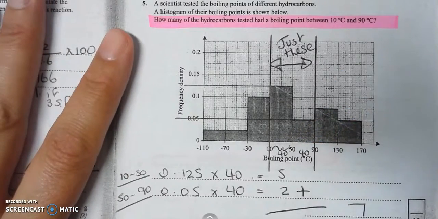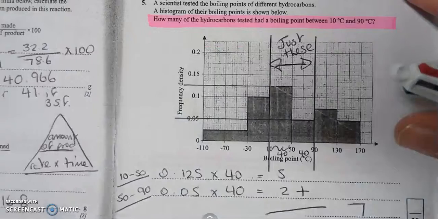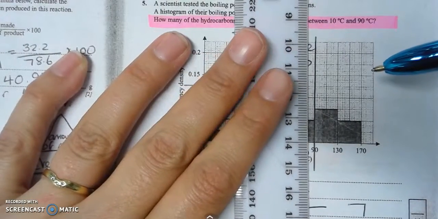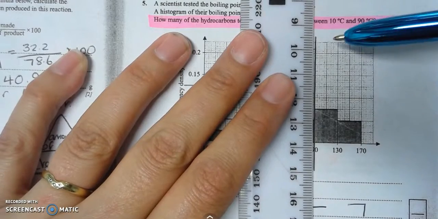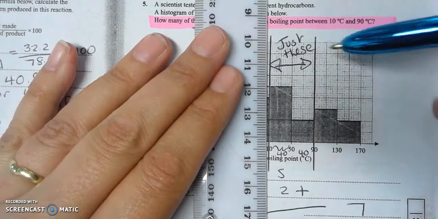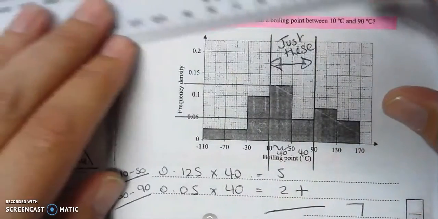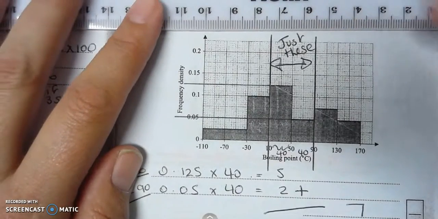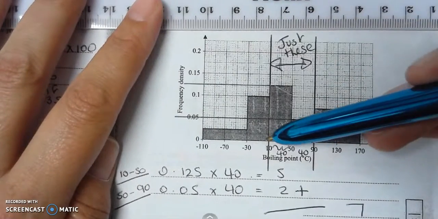So all I've done here, and please, whenever you're using graphs and taking data, use a ruler to make sure you're really precise. I've just put some lines there to say, right, I'm just working on these. Don't be afraid to write on your graph so that you know what you're dealing with. So I need to work out, first of all, the 10 to 50.